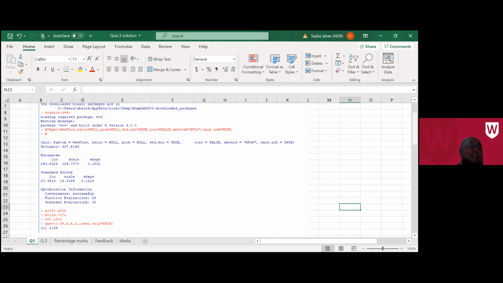A higher standard error means more error in the estimation of the parameter. You can see that the standard error of the shape parameter is very high: the estimate is 0.18 and the standard error is 0.12. That always happens with the shape parameter. It's not easy to estimate it. And of course you have to use the estimates of the location, scale, and shape parameters, not the standard error, when you are estimating the quantiles.